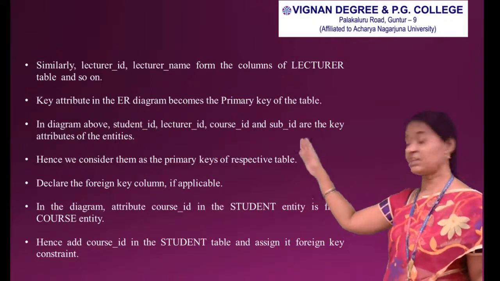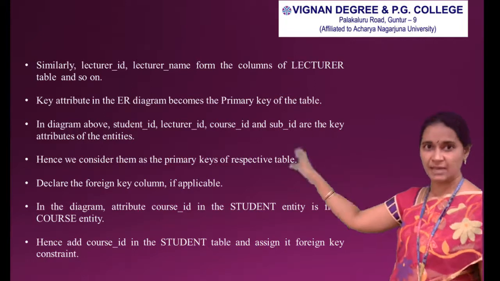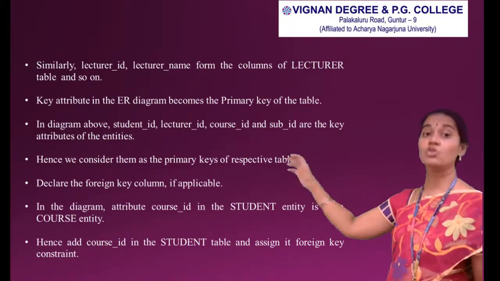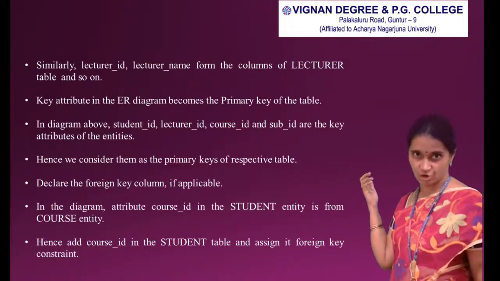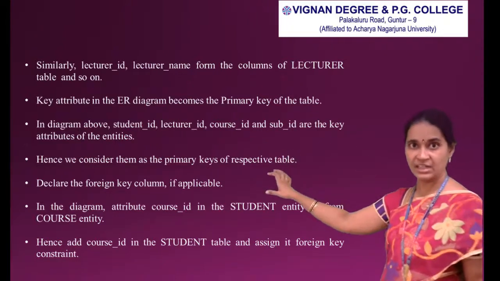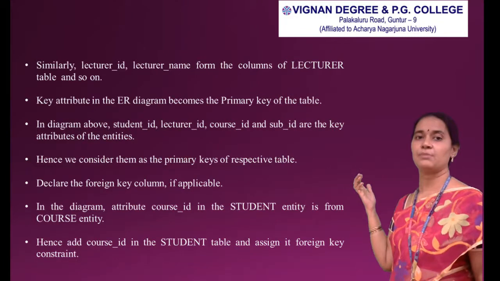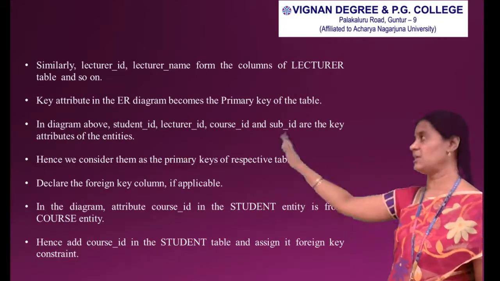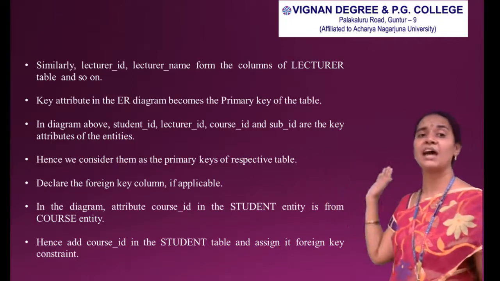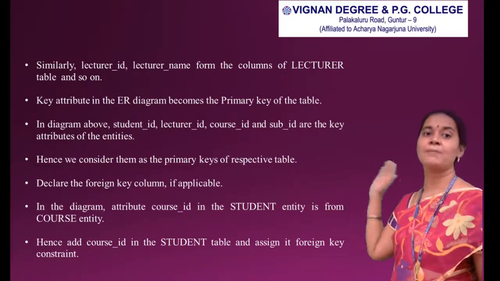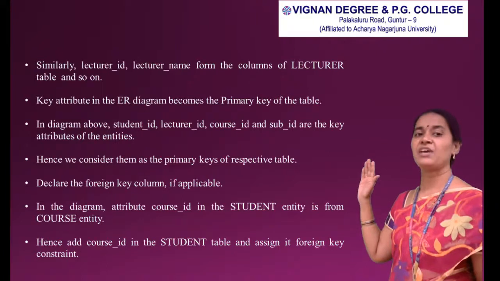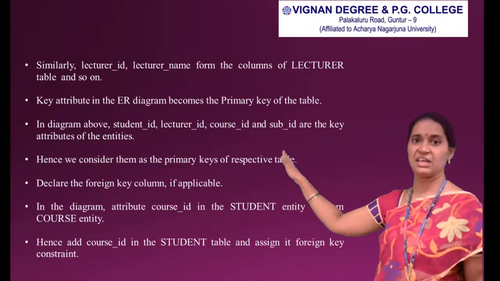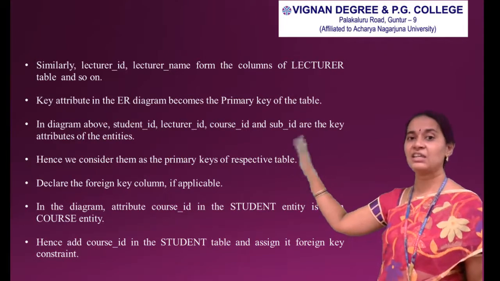Now, if we define the primary key in one table, that primary key can be used in the other table as a foreign key. This foreign key is used to establish a relationship between the tables, or between the entities. If we observe the ER diagram, the course ID is being used in the student entity.